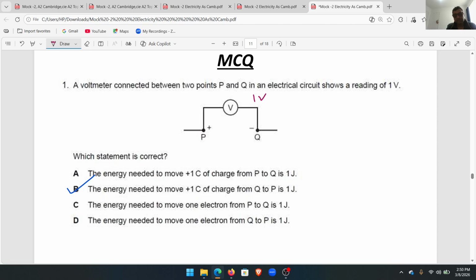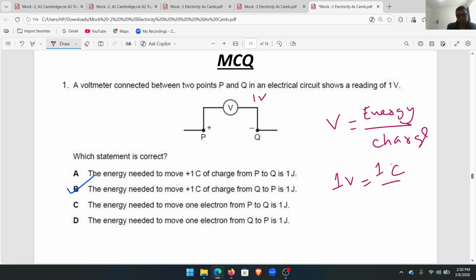Okay, energy needed. Voltage is defined as energy divided by charge. So 1 volt must be 1 joule per coulomb.